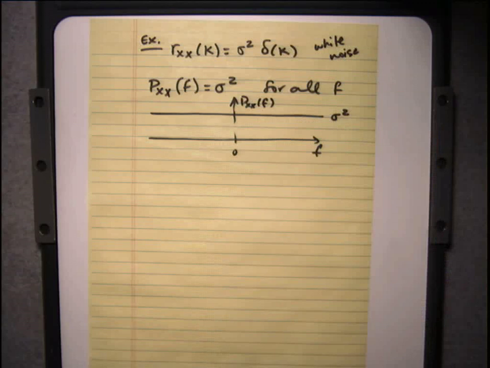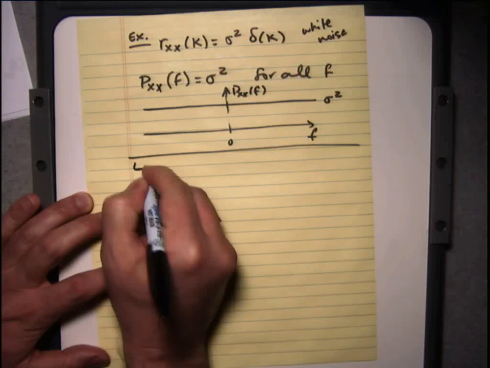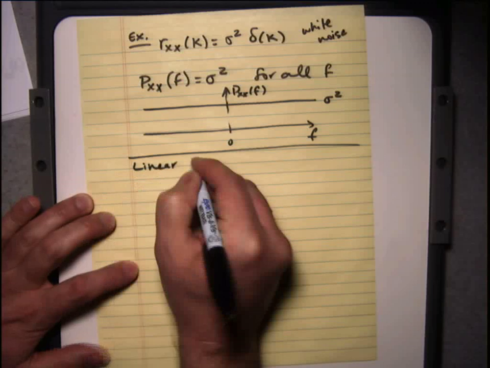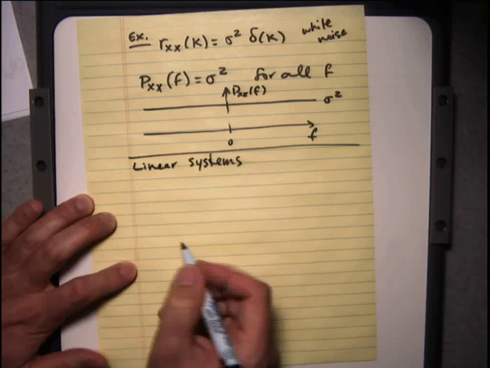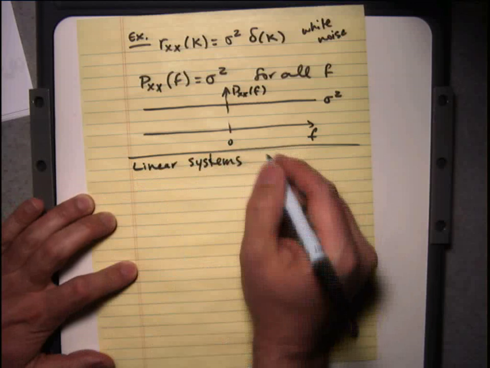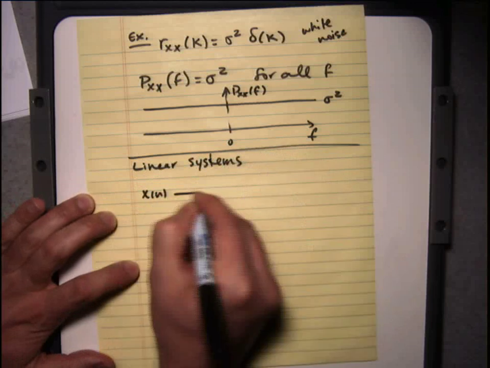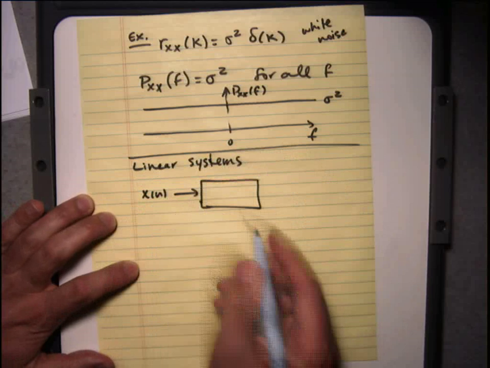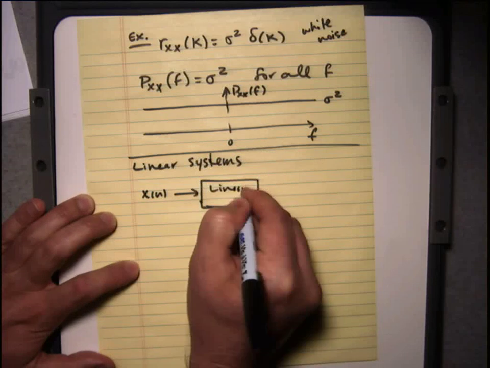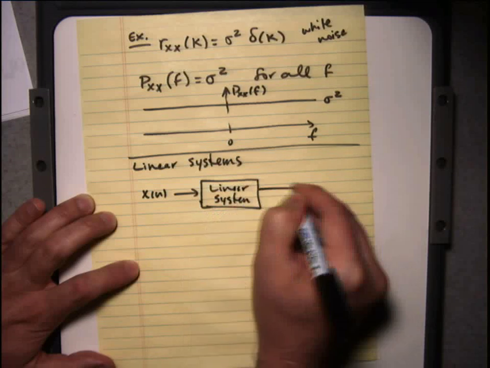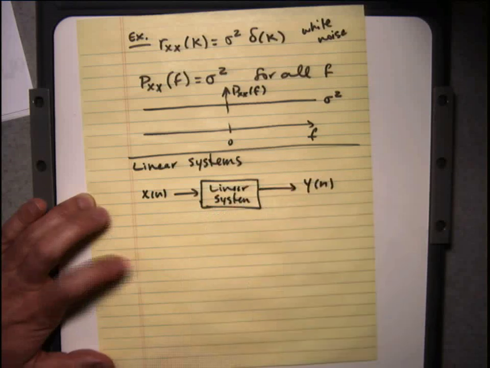Okay, so the real reason why we look at these things is that we want to understand how noise behaves when it is put through a linear system. The linear system descriptions are the old things that you've seen before. So let's do a quick description of a linear shift invariant system. You have a signal x of n, which in our case is going to be a random process. You've got a linear shift invariant system here, which produces another random process, y of n.